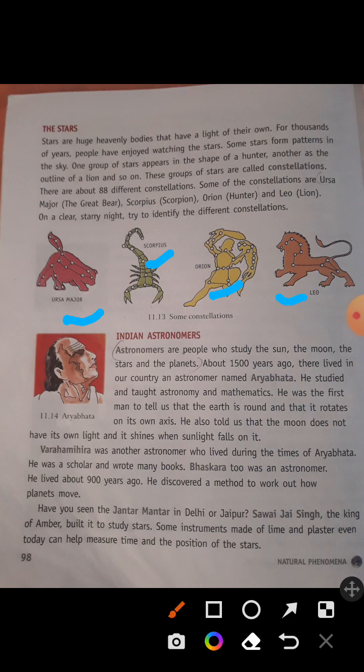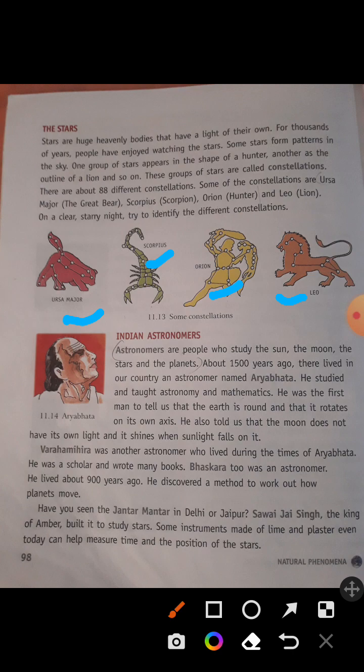Bhaskar too was an astronomer. He lived about 900 years ago. He discovered a method to work out how planets move. Have you seen the Jantar Mantar in Delhi or Jaipur?